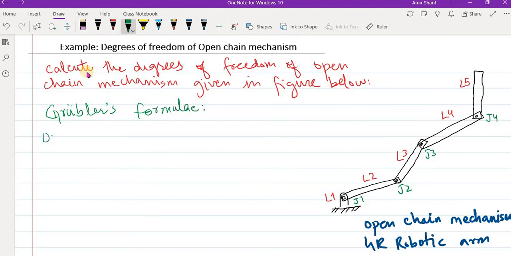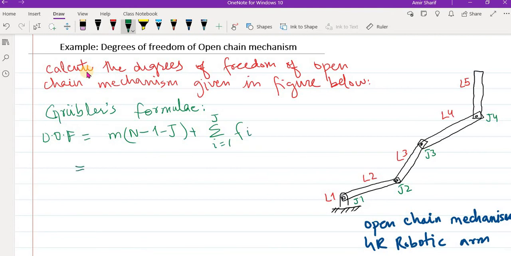it says that degrees of freedom is equal to m times (n minus 1) minus j, plus the sum of the freedom of joints.